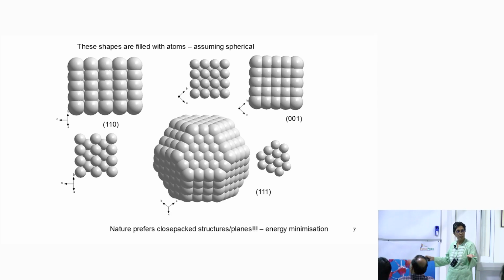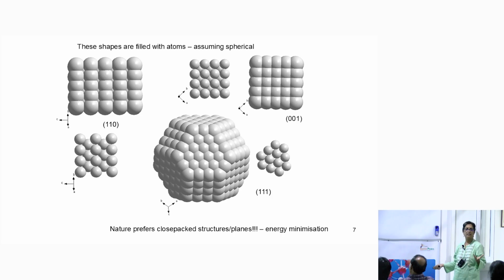I'm assuming that you all know some crystallography, Miller indices, how to arrive at the Miller indices and all that. So in a cube, if the face you are looking at is 0, 0, 1, you cut it across like this, it becomes 0, 1, 1. And then you cut across that whole diagonal, it is 1, 1, 1. So this is how the atoms will be placed in the nanoparticles also.